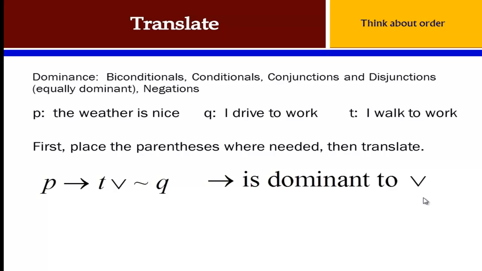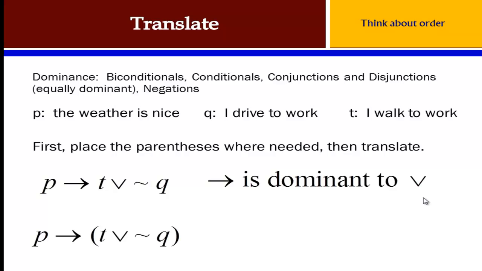Now, the if-then is dominant to the or, because remember, the conditional is more dominant than the disjunction. That means that the statements appearing after the most dominant connective are grouped together.